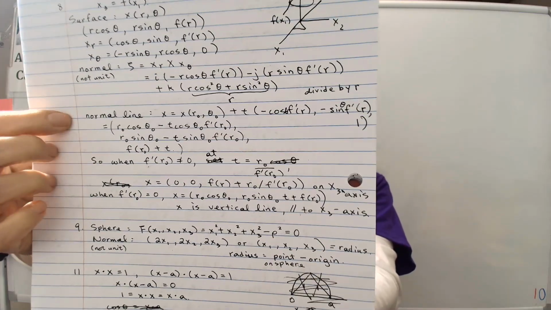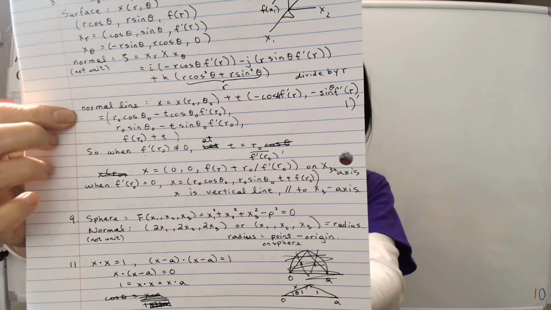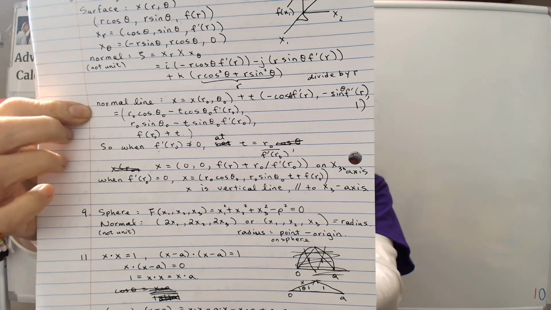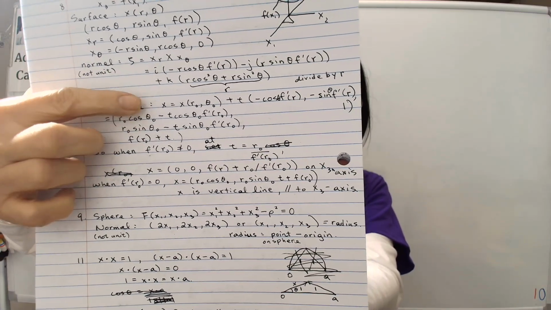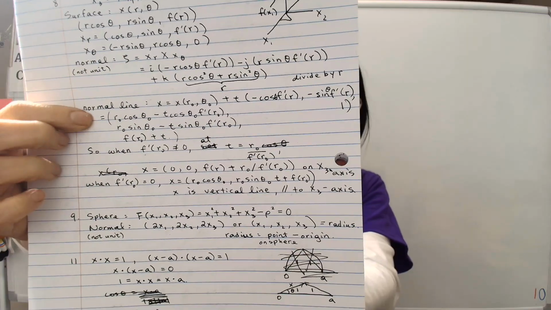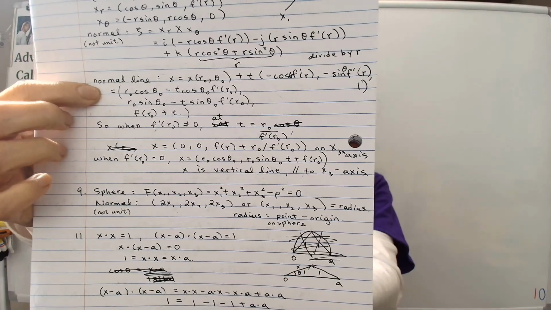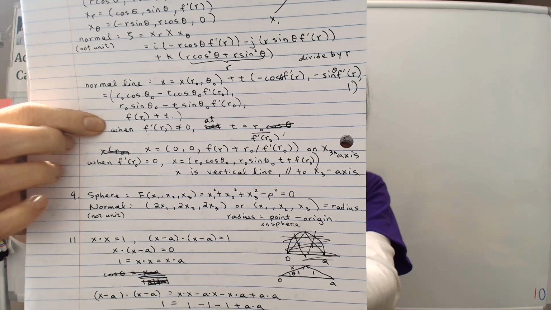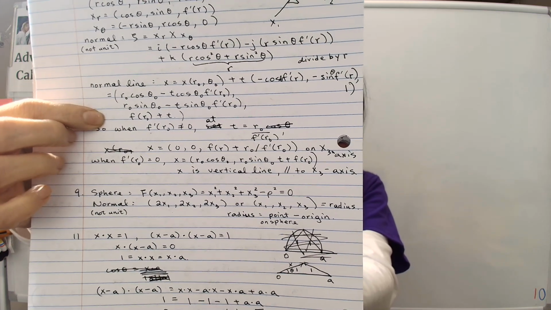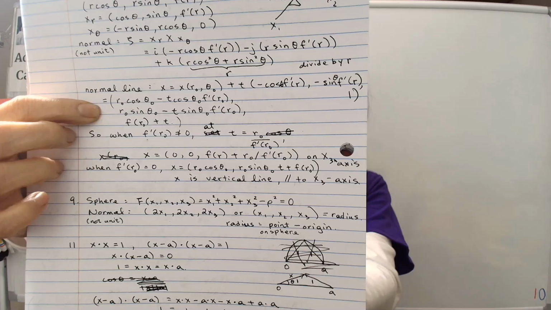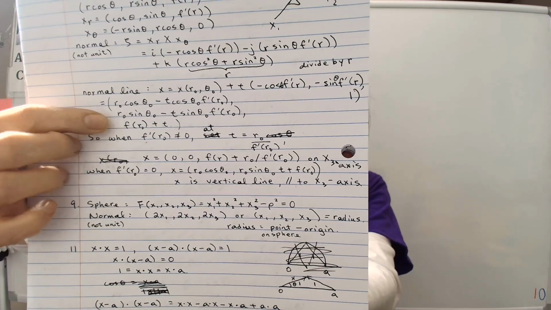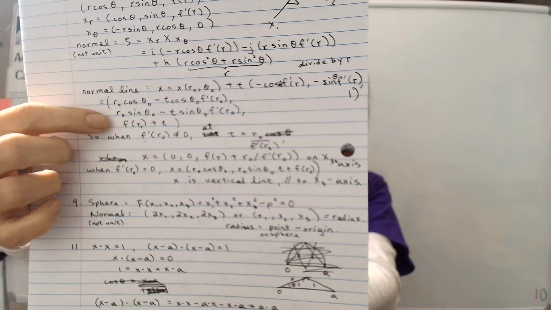Then we write down the equation for the normal line at some point. We got this equation right here: the three components of the normal line, parameterized by t. All the other stuff is constants.